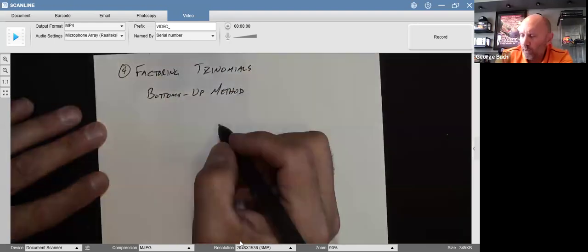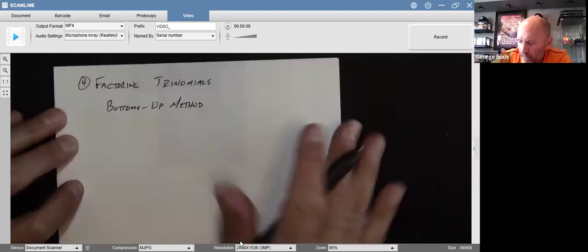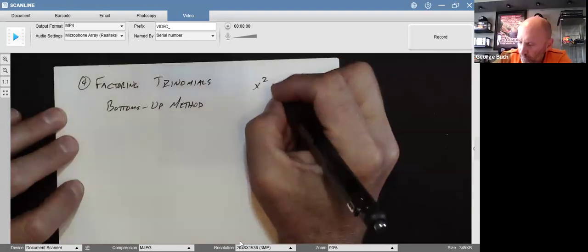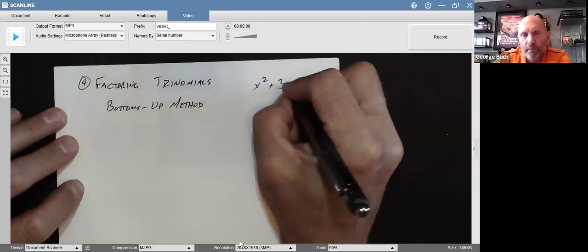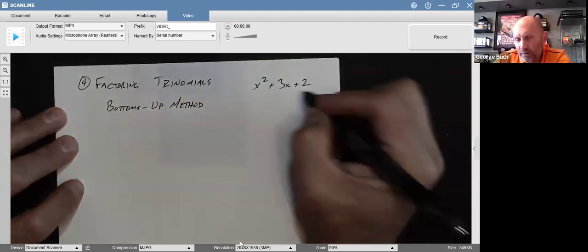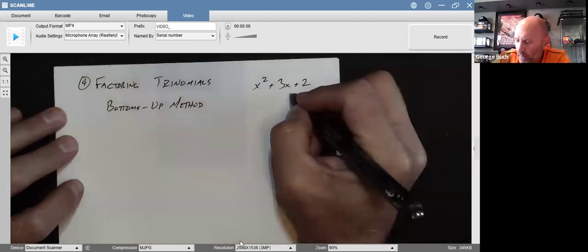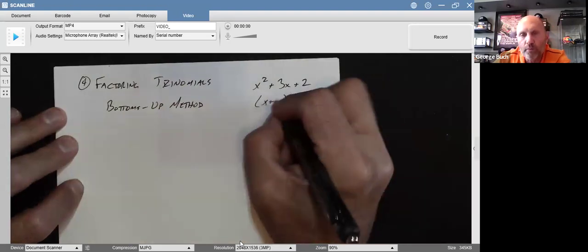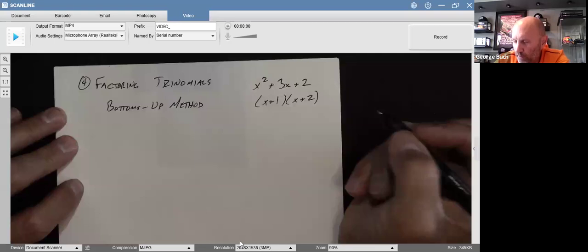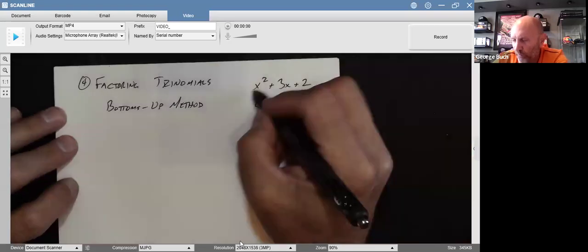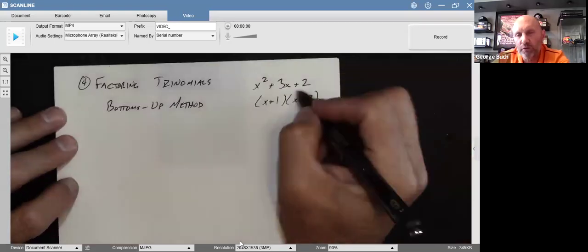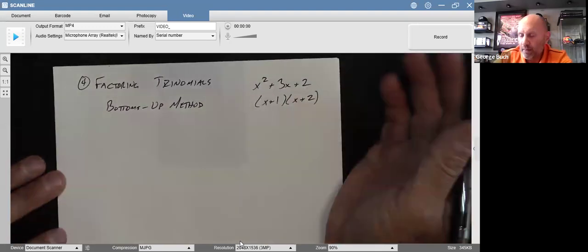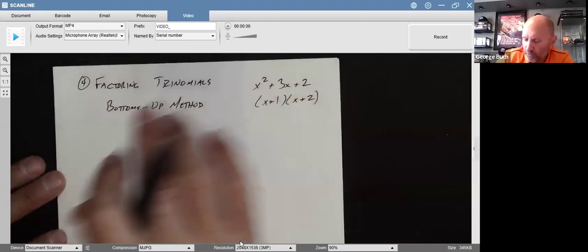This method, so if we had, for example, x squared, let's use that one we had before. What was it? Plus 3x plus 2. If we have something like this, we can probably use guess and check and get x plus 1, x plus 2. That one's not too bad because there's just the one term in front of here. I just have to figure out the values of 2 that'll get me to 3. So that's not too bad. That's what the bottoms up method does.